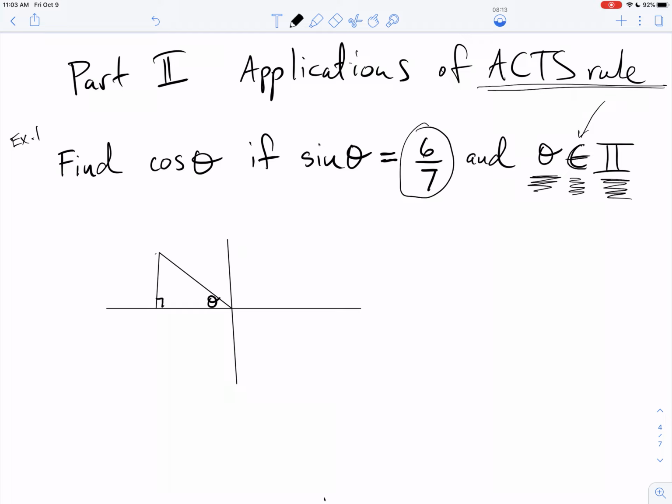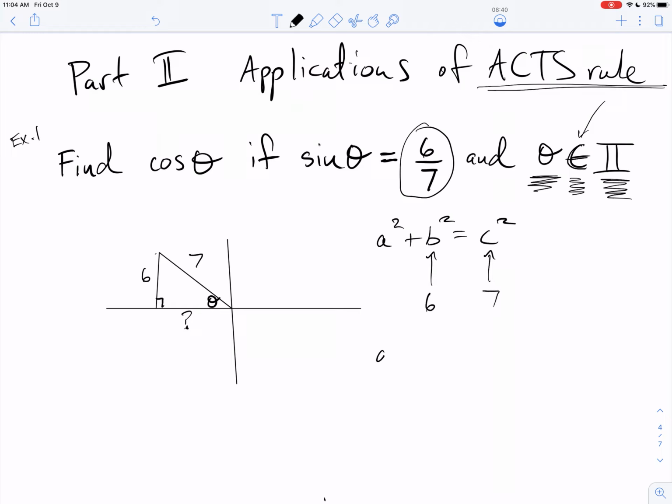The sine of that would be 6/7, so opposite over hypotenuse. But that means I have to figure out this little mysterious piece right here that I do not know. So I'm going to go, hey, this is another Pythagorean theorem thing, a squared plus b squared equals c squared. But since they talked about sine, I know that one of these legs is a 6. I know the hypotenuse is a 7.